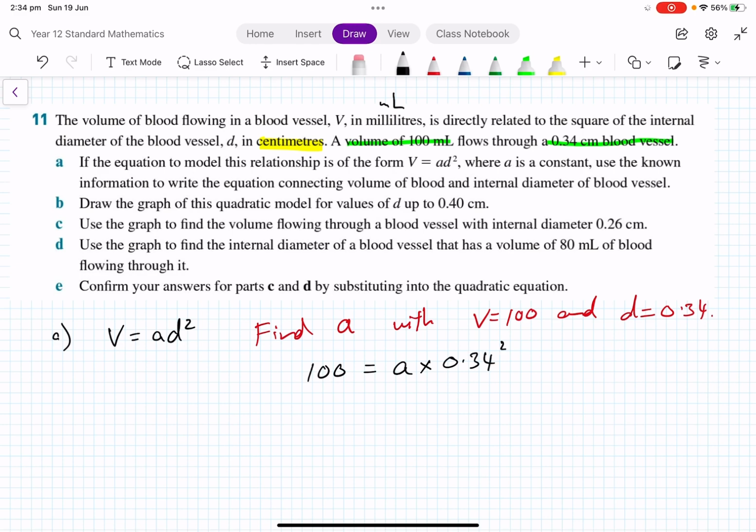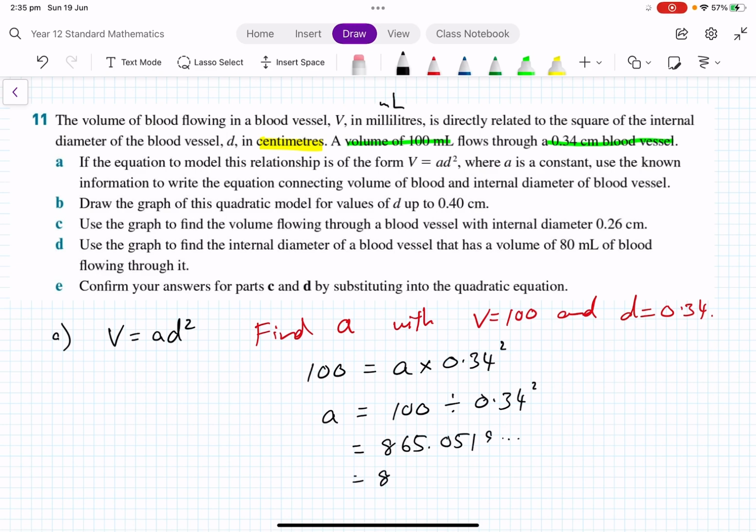So if we want to find what A is, A is equal to 100 divided by 0.34 squared, because I've divided both sides. So my value for A is, just got to sort out my calculator here, 865.0519.